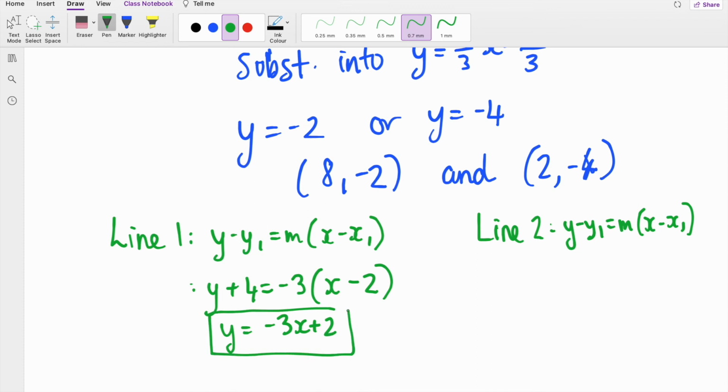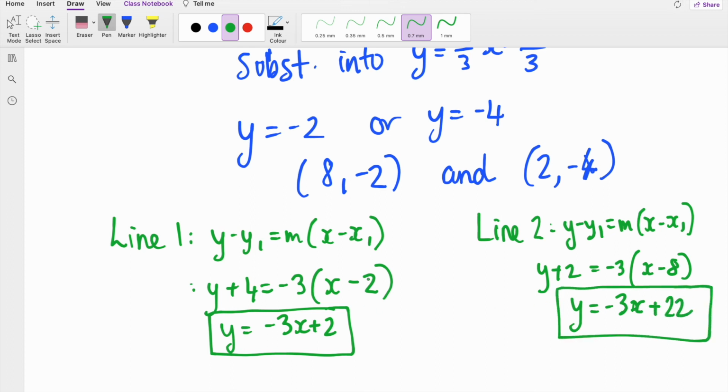That's the equation of the first line. For the second line, y plus 2, because this y is negative 2 already, is equal to negative 3, that's the gradient, times x take away 8, because I'm looking at this coordinate. Simplify that, expand your bracket and simplify, you will get y is equal to negative 3x plus 22.